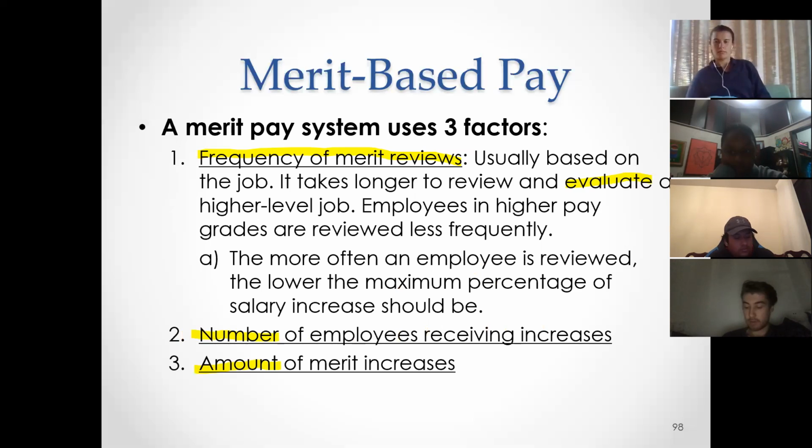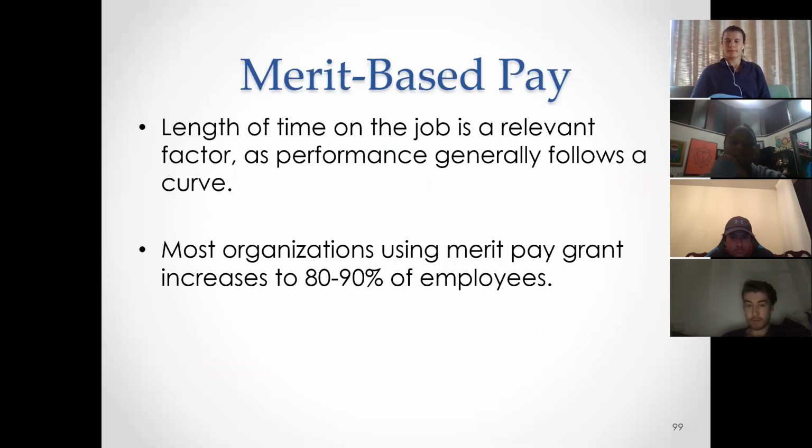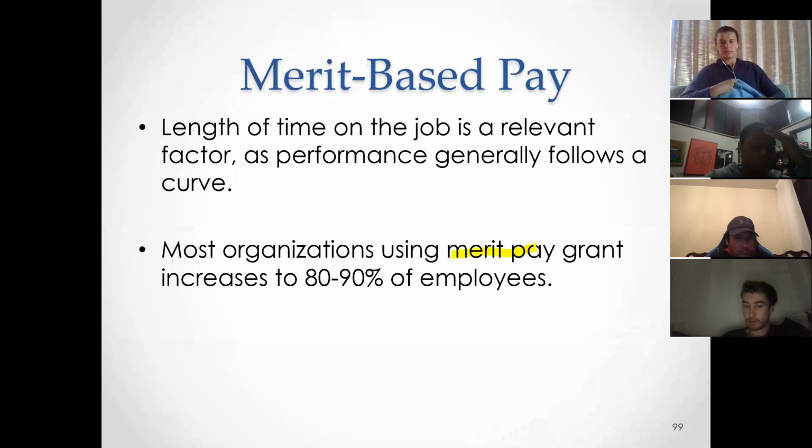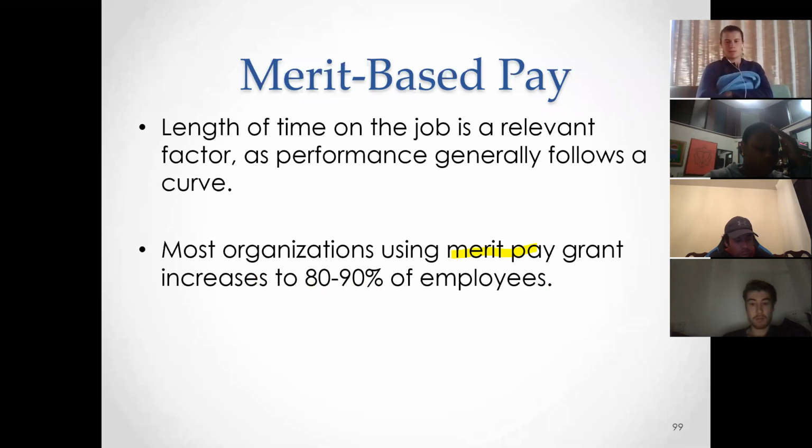As I said, we want to make sure that we do consider the length of time on the job. And typically, merit is given to a lot of people. Merit might be given to up to 80 to 90% of employees. It's just they get different rewards.